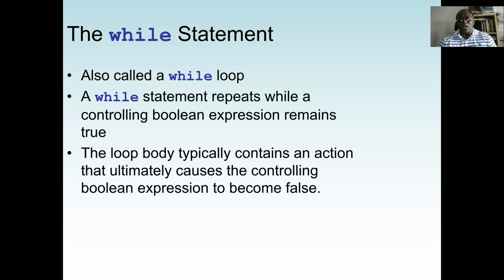When the condition becomes false, we'll exit from the loop, which means the loop will stop or terminate. Also, the loop body typically contains an action that eventually causes the controlling Boolean expression to become false.